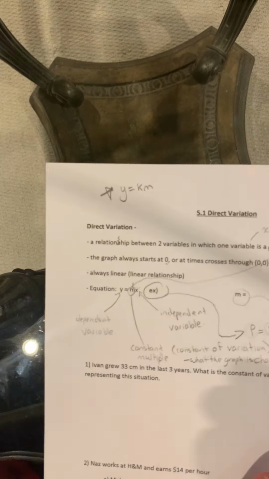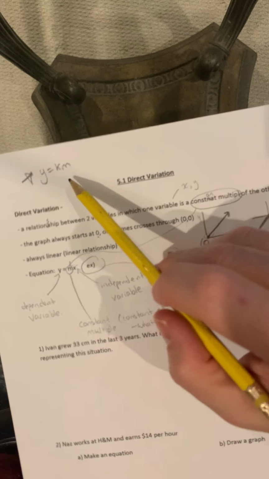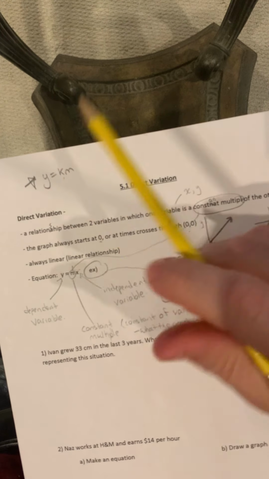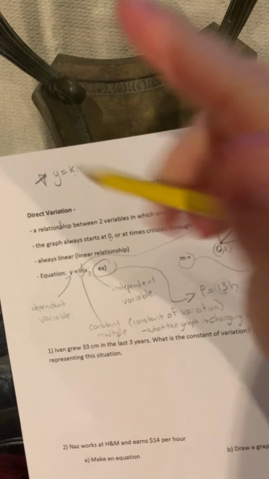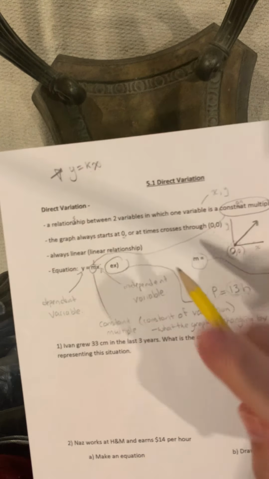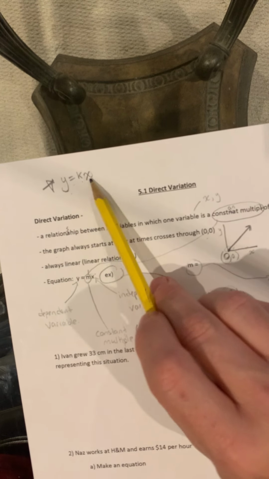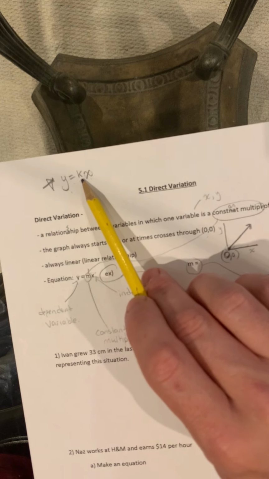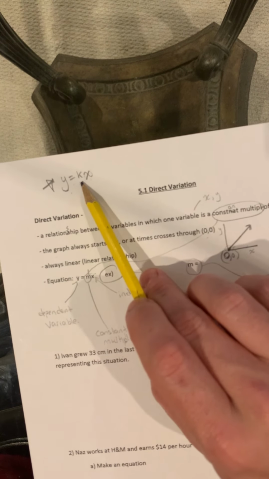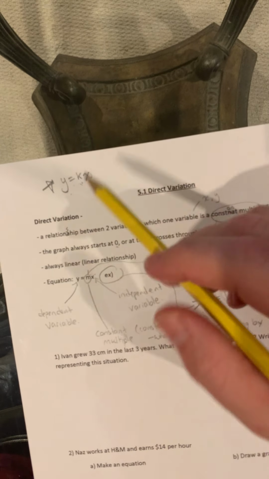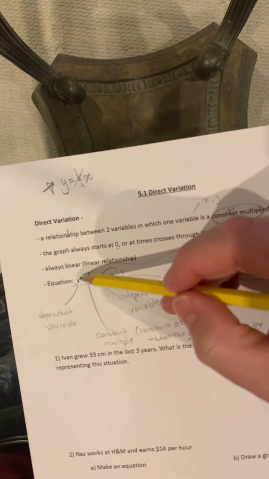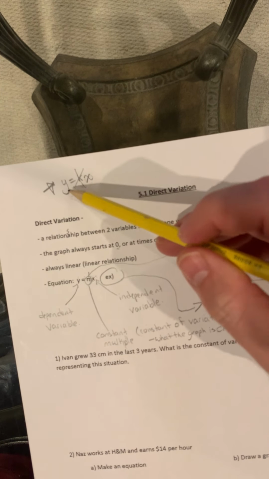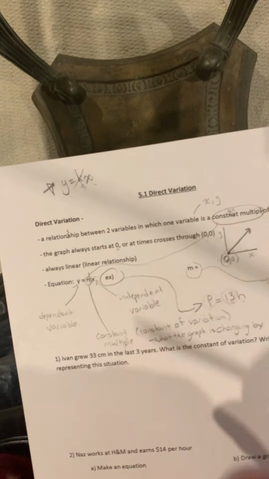I don't know why the textbook uses k here. So the textbook uses y equals kx, but then later they change the k to an m. Okay, so we're not going to use the k. We're just using m. So y equals mx, not y equals kx. Okay, just a note for that.